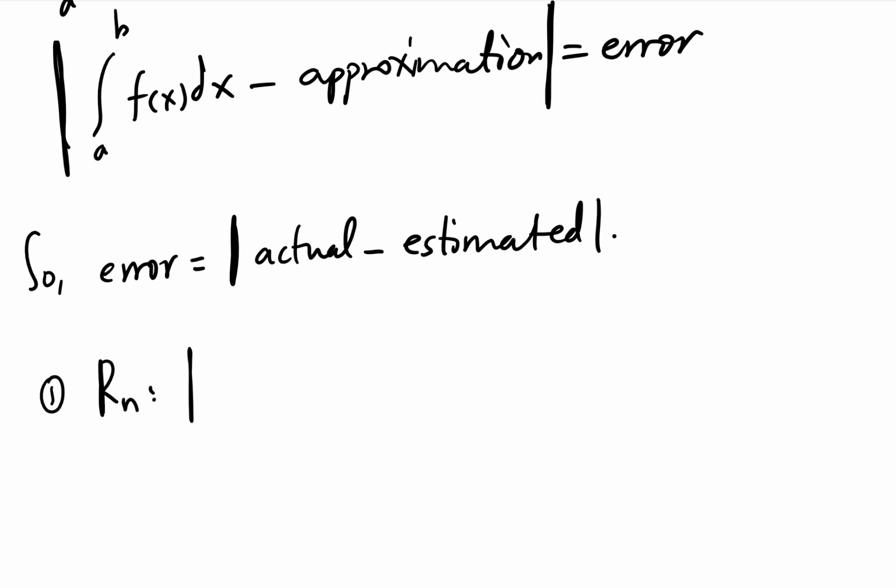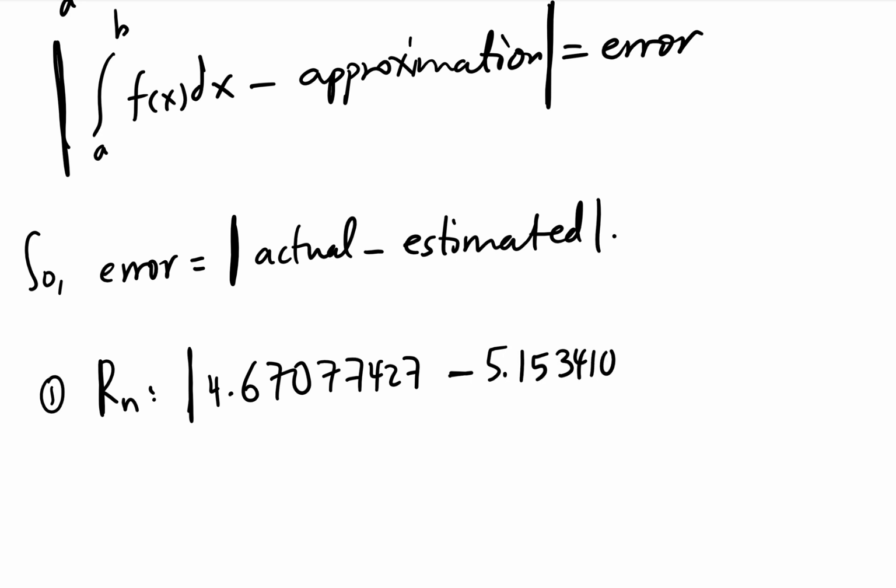The actual was again 4.67077427 minus, when I found R5, it was 5.153410575. That's what we found today. And when I calculated this, it gave me 0.482636305.